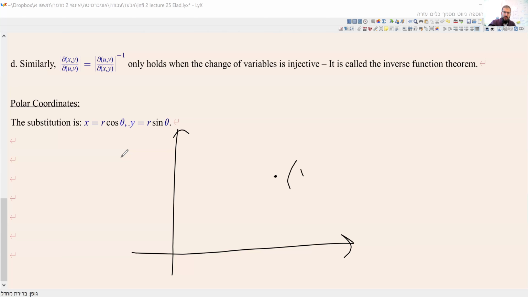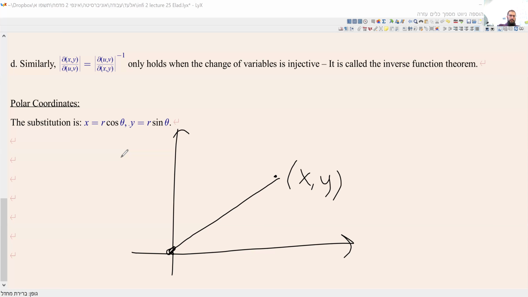If we have a point xy here, we use two geometric aspects of the point to define it. One, x, is the distance between the point and the y-axis, and while x is negative, it is to the left. And the second one, y, is the distance between the point and the x-axis. And if y is negative, it's under the axis. Now we can change them for two different geometric aspects.